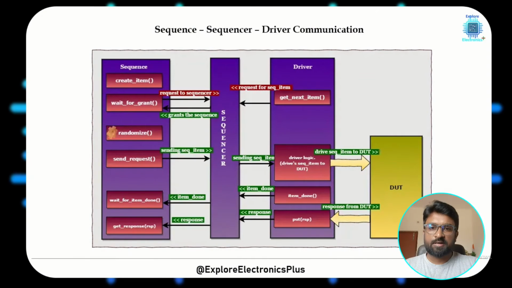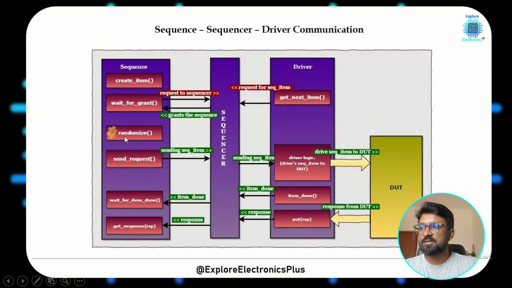For this, we need to understand the communication between the sequence, sequencer and driver. You can see I am explaining the driver. This driver will communicate with the sequencer as well as the sequence. The driver gets the next item; it will request the sequence item from the sequencer. The sequencer will give that information to the sequence.